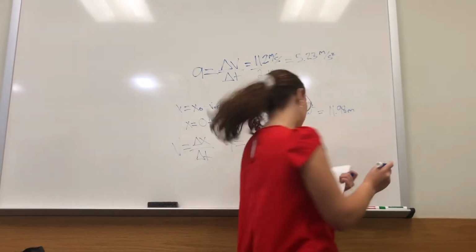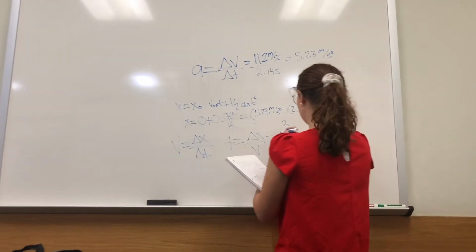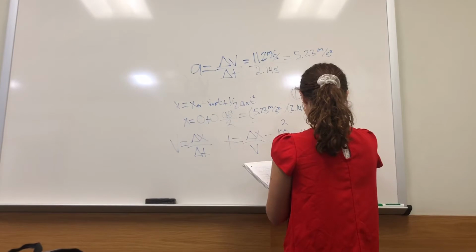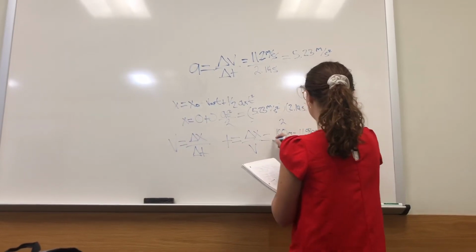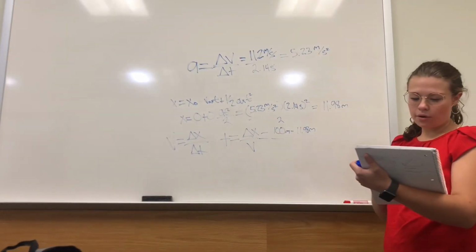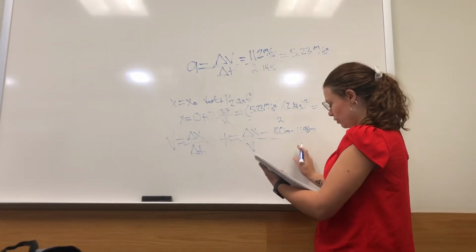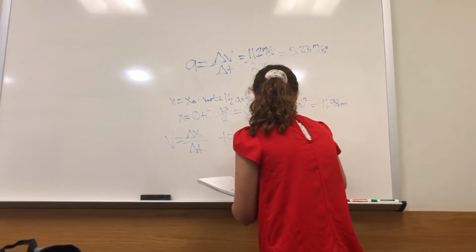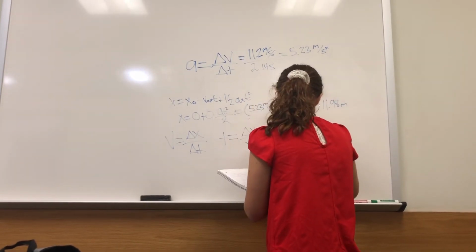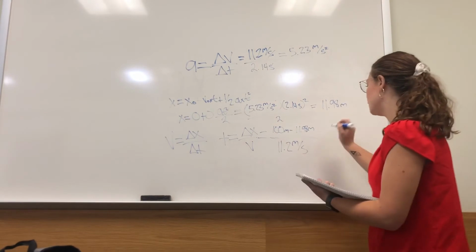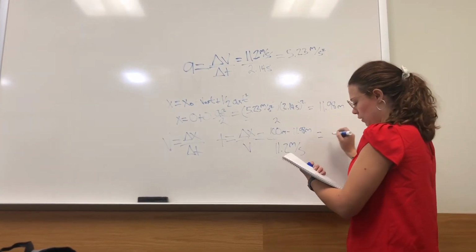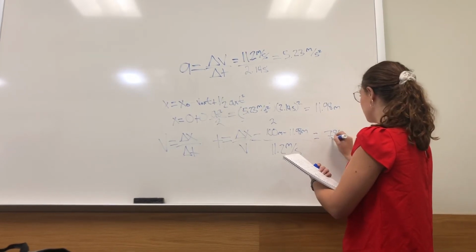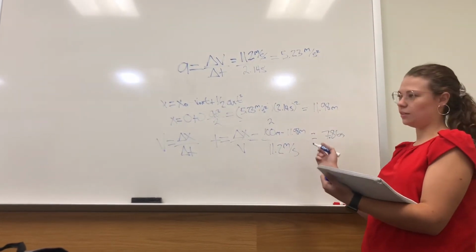So once we plug in our values, we have our change in position is 100 meters because that's what he's running, minus the 11.98 meters he ran while accelerating, over the 11.2 meters per second, because that's the velocity he's running at, and we get 7.86 seconds. So that's how long it took him to run the remaining distance.